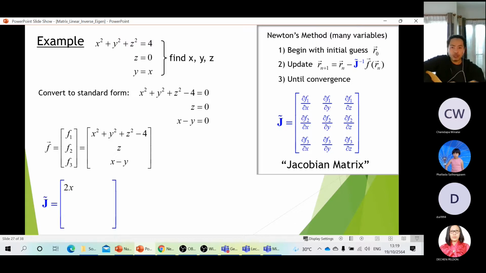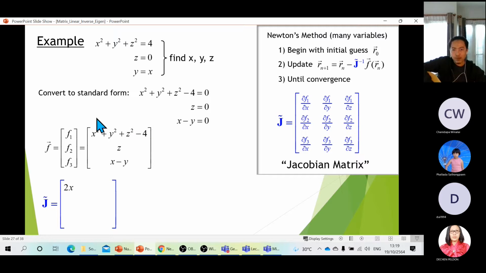So let's do that together, one by one, just to warm up the beginning of the lecture with a very simple exercise. The upper left corner, we have df1/dx. So what is f1? That's the expression for the f1 value.